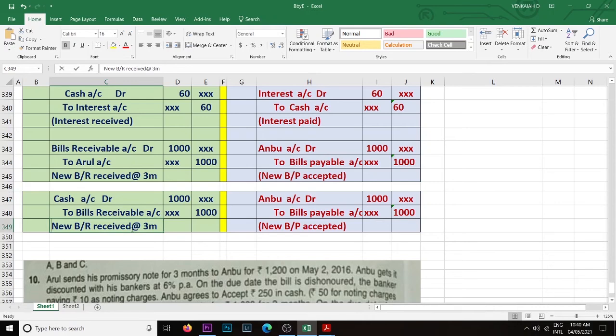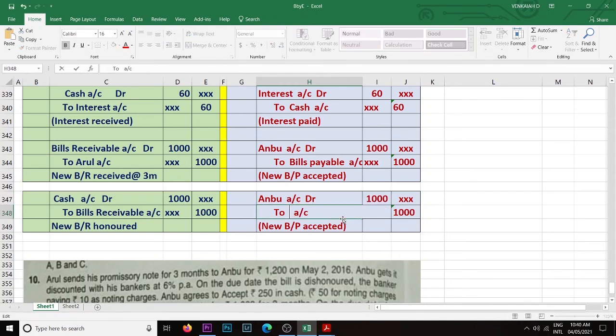Your bill honored. Money received, your bill honored. And bills payable account debit, to cash account. New bill honored. Okay, that is the problem number 10.